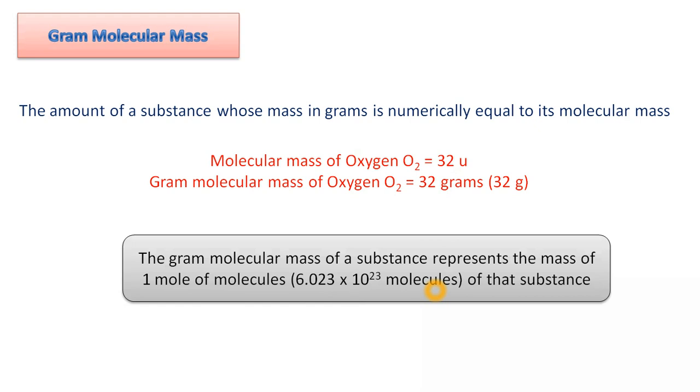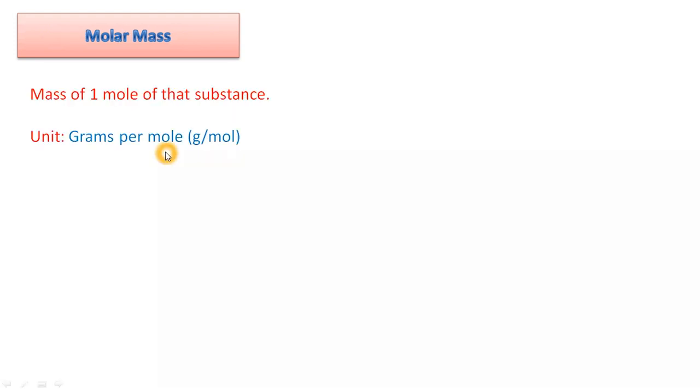Again here we are discussing the term molar mass. Molar mass of a substance is the mass of 1 mole of its molecules. So the units are gram per mole, that means g per mol, okay?